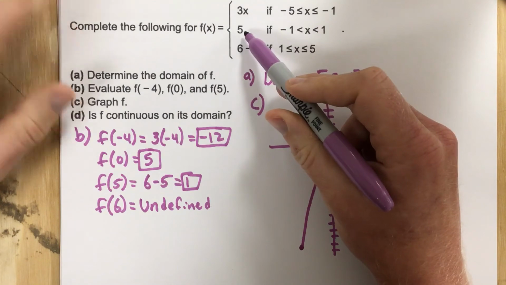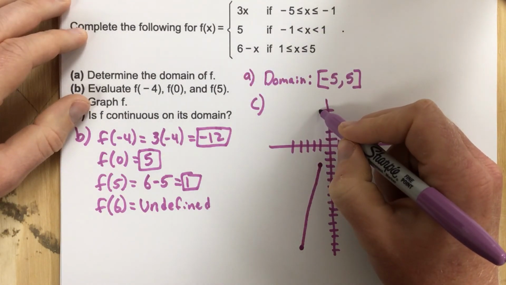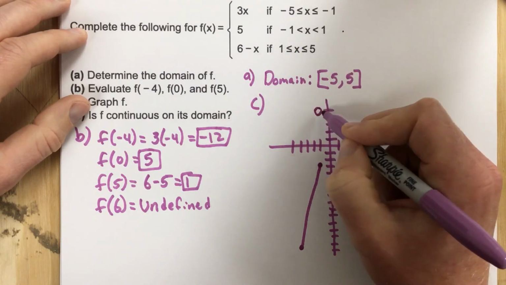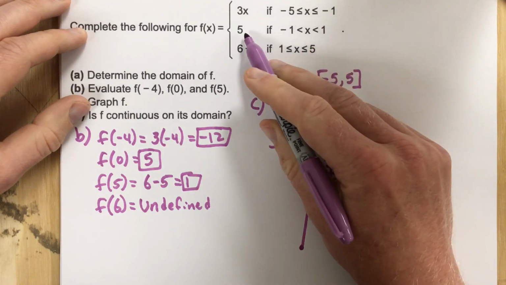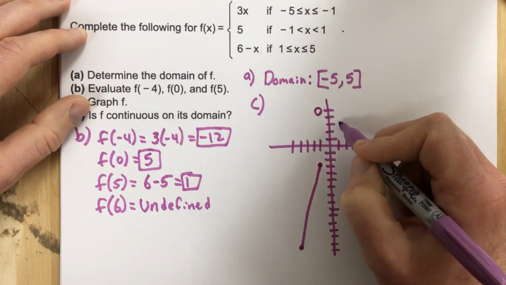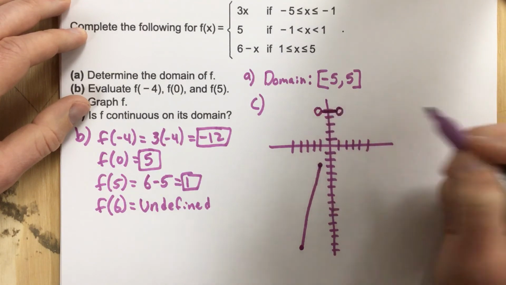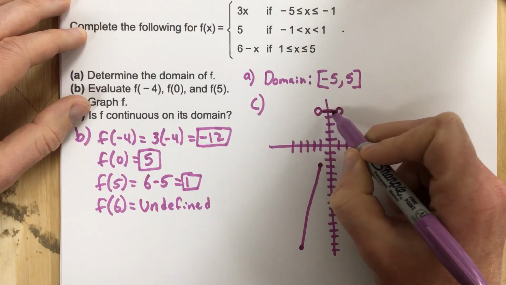When I plug it in there, I just get 5. So at negative 1, I'm going to get this value of 5, but it's not defined there, so I'm going to put a circle there. If I plug in 1, there's nothing to plug it into, I just get 5 as well, but it's not defined there, so I put an open dot. I connect those two, and this is a flat line at y equals 5.